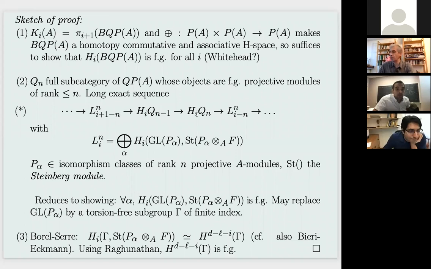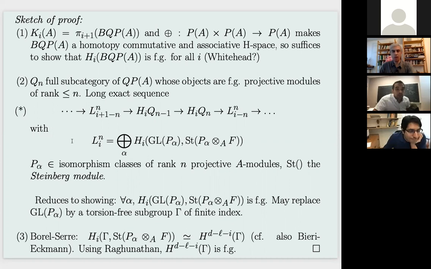And then there are third terms which are described by this direct sum. Each term of the direct sum is the homology of the automorphisms of this particular projective module, P alpha, with values in the Steinberg module associated to P alpha, which means you tensor with the field of fractions of A. So you get an F vector space.